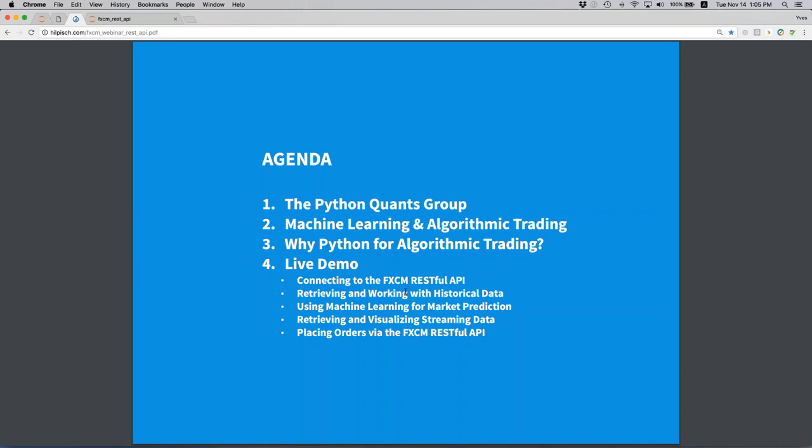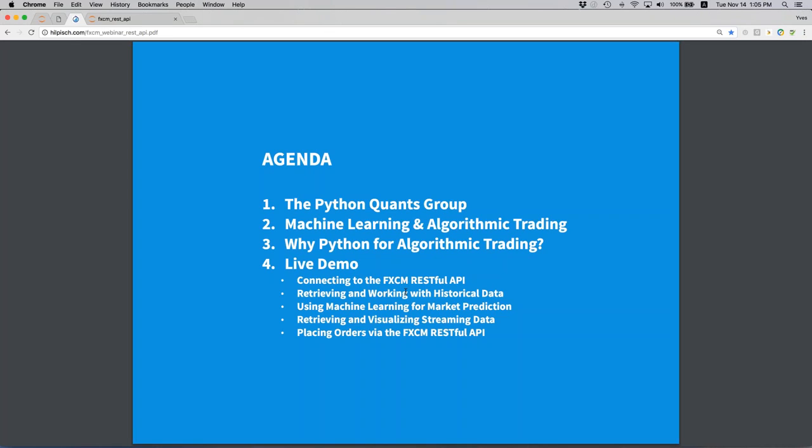The live demo then will cover basically 5 points. The first is the connection to the FXCM RESTful API, a very brief part just to show how it works. Then retrieving and working with historical data, important for every kind of, let's say, backtesting exercise or other analytics tasks. Then I will even show a little machine learning example for market prediction and what might lie in such approaches for even the retail algorithmic trader.